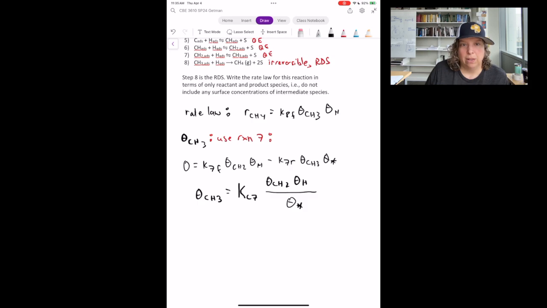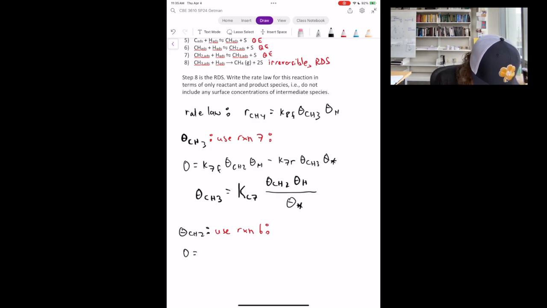Okay, so let's get theta CH2 first. So we'll say theta CH2, and we'll use reaction 6. So reaction 6, I'm going to say 0 is equal to K6F theta CH.